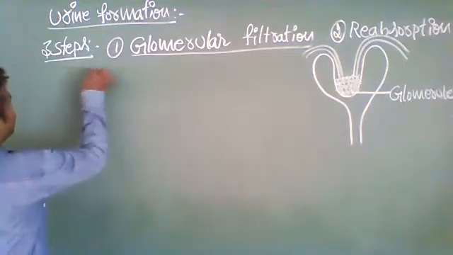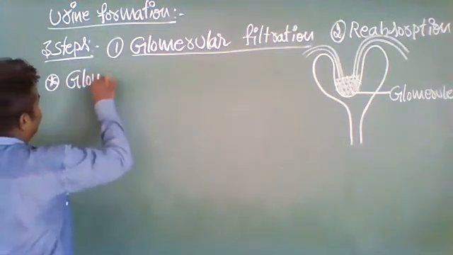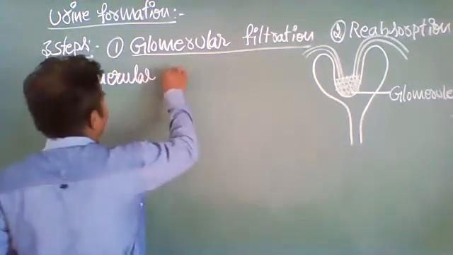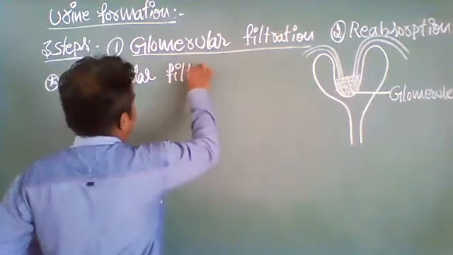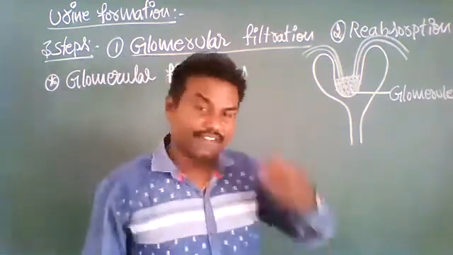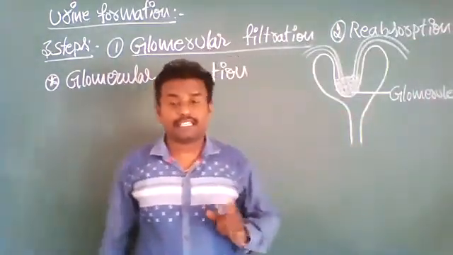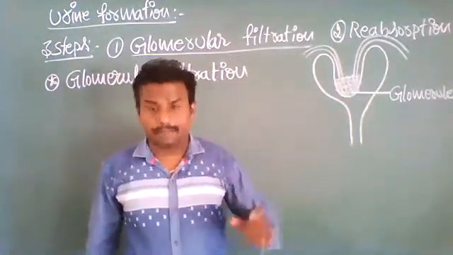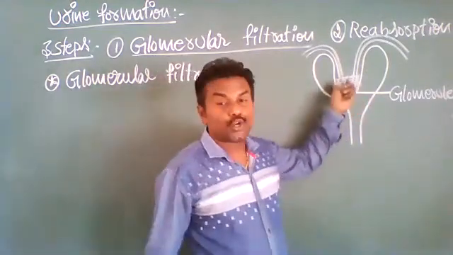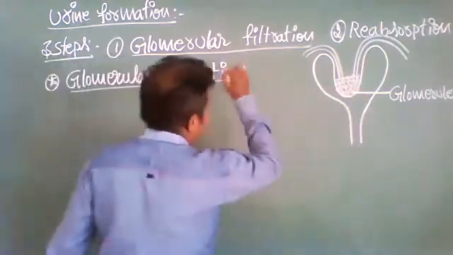Therefore, it is called glomerular filtration. Once again, the first step in urine formation is the filtration of the blood. That filtration process takes place in the glomerular region. Therefore, it is called glomerular filtration.